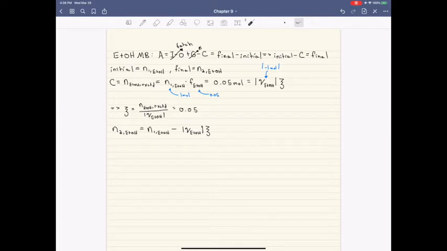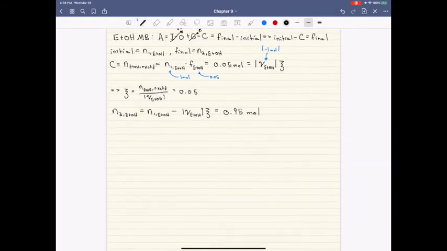Okay? The only unknown we have left is this. So if we plug in the other values, what we get is that the amount of ethanol that's left over is 0.95. And that makes sense because the conversion that we're working with here is fairly low. It's only 5%.